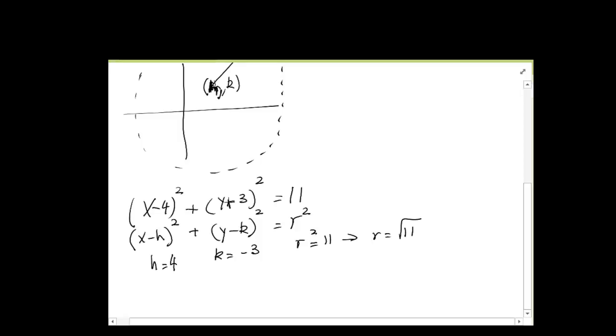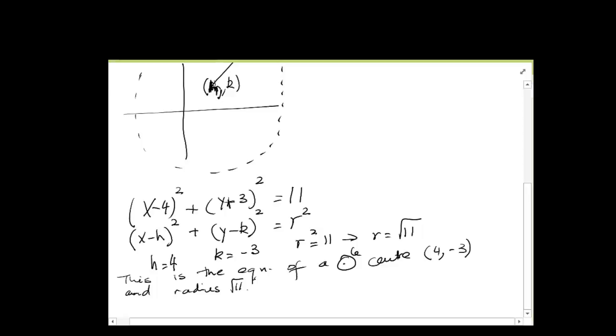So we would say that this is the equation of a circle with center (4, -3) and radius square root of 11.